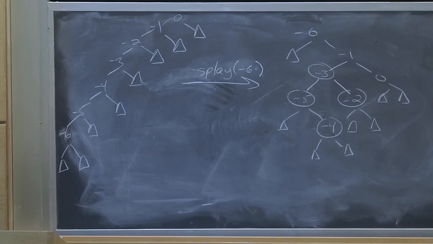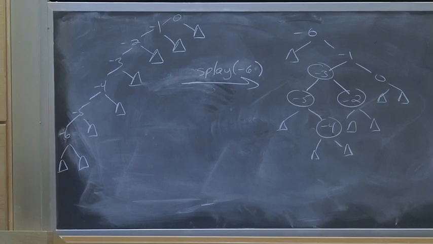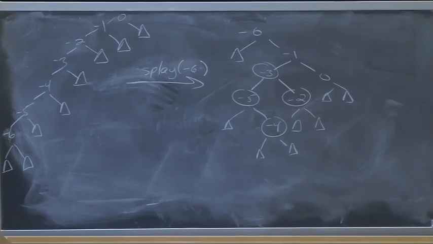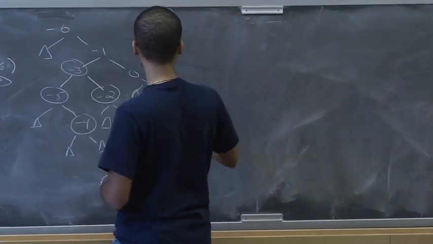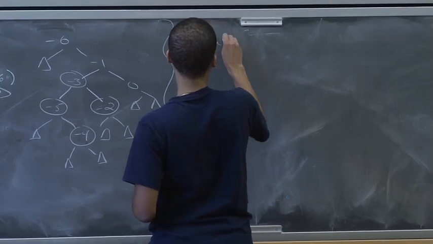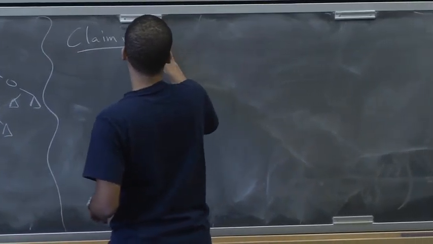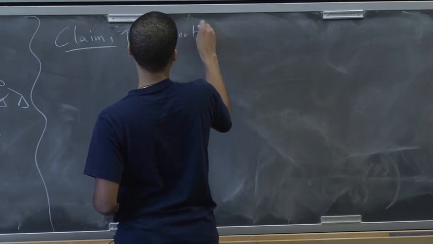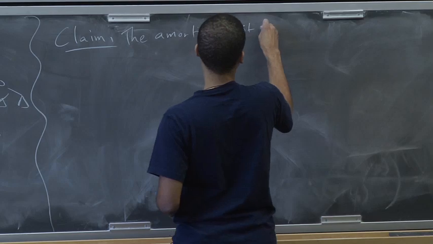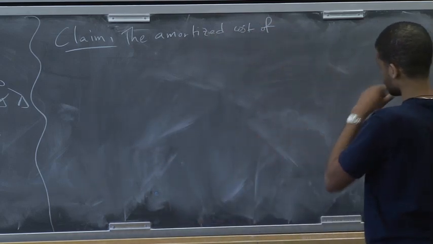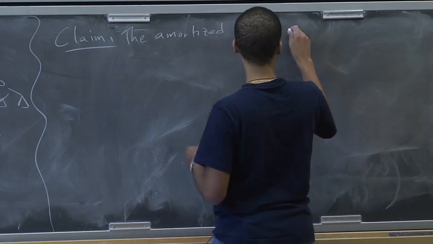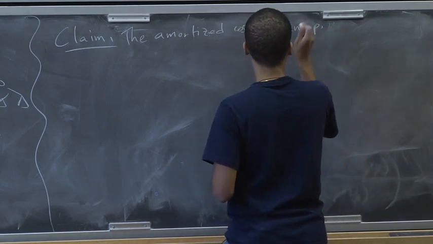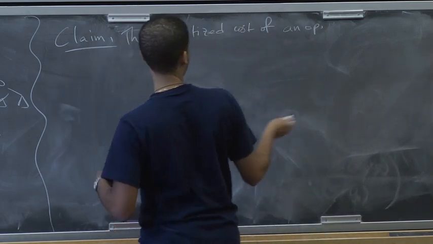So let's actually prove something. Claim: the amortized cost of an operation is, what do we want it to be?